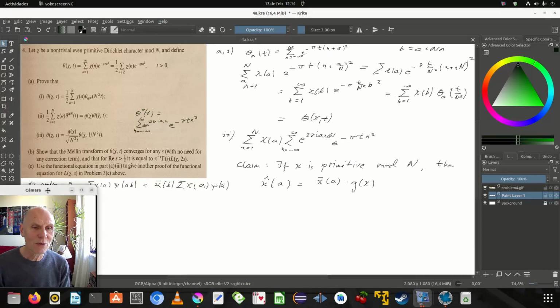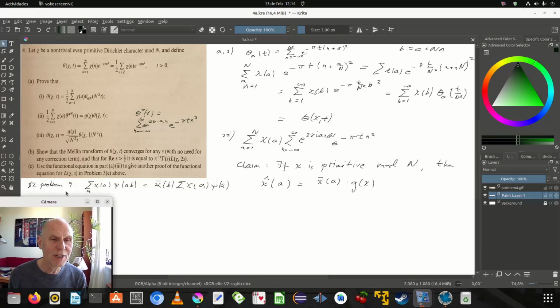And as you can already see, I've taken the formula we proved in problem 9, because I believe that actually solves the problem. So we start with the Fourier transform evaluated at A. That was the definition.